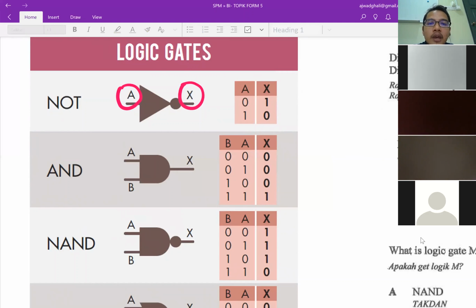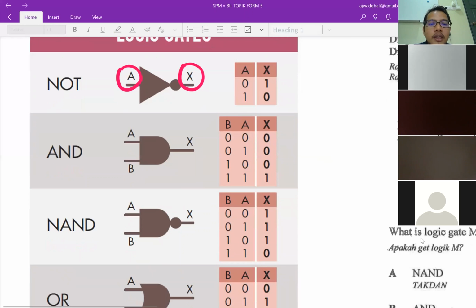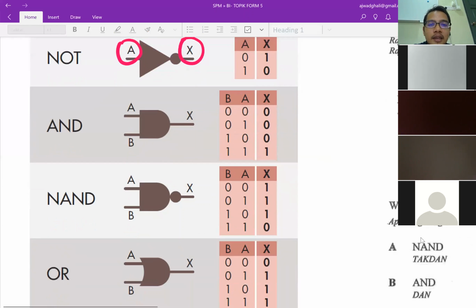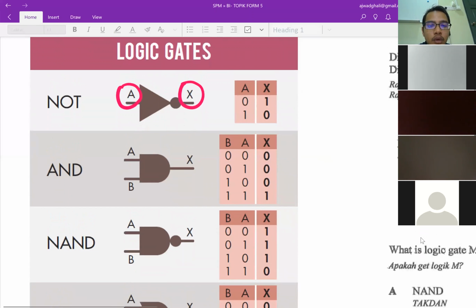I mean, if you say zero, NOT says one. If you say one, NOT says zero. So that is the NOT gate. It will change the input. And logic gates only read binary. Binary means only two numbers, 0 and 1.